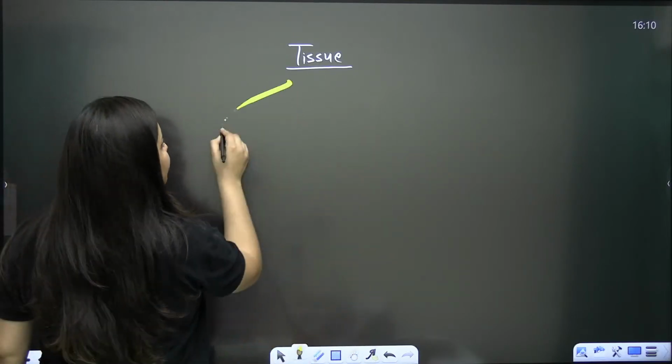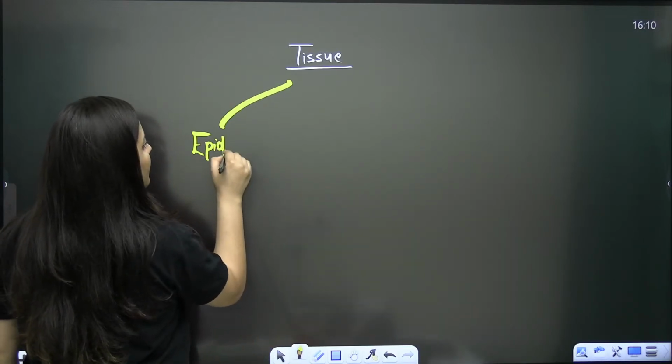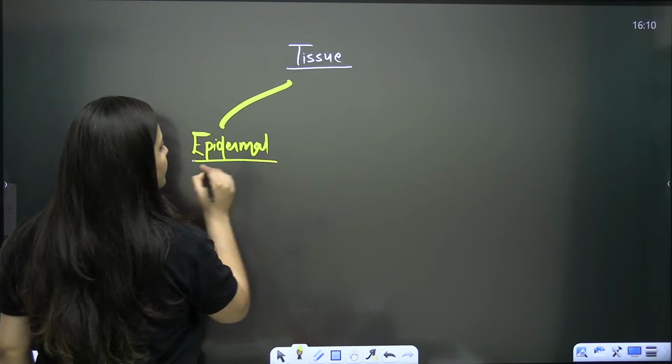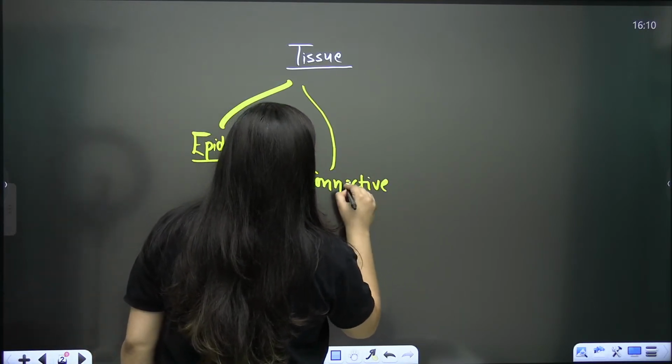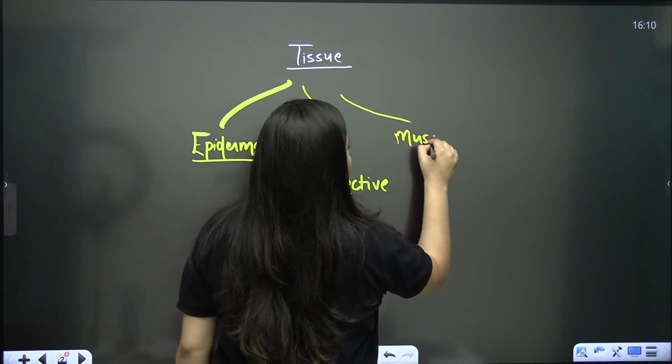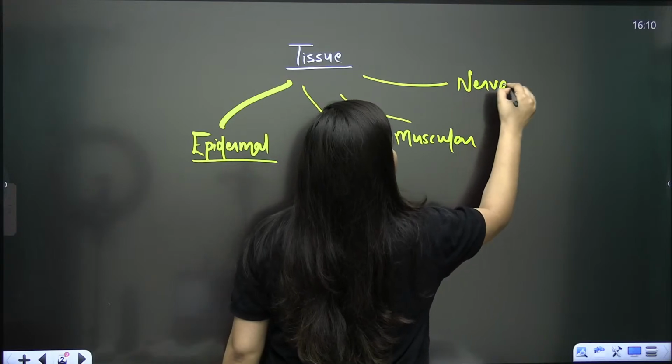Majorly we talk about the epidermal tissue, then connective tissue, then muscular tissue, and then comes the neural tissue, or you can say nervous tissue.